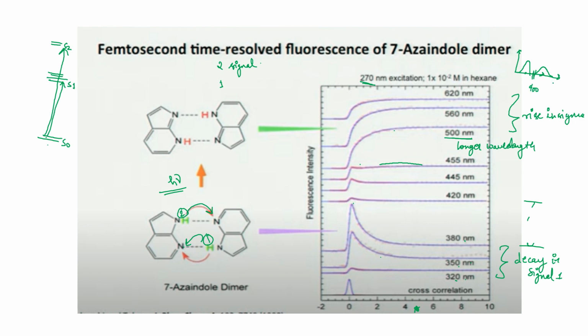So it starts from there and ends somewhere, but this one is at 380 nanometer. So we will get two signals, and you will get these two signals when you have the dimeric state of 7-azaindole. If you have any doubt in this question, you can ask, or else we'll proceed to the next question.